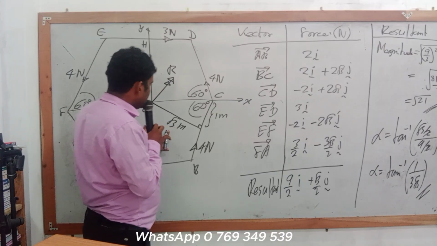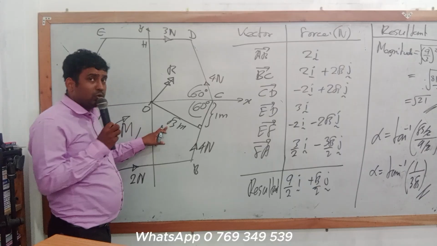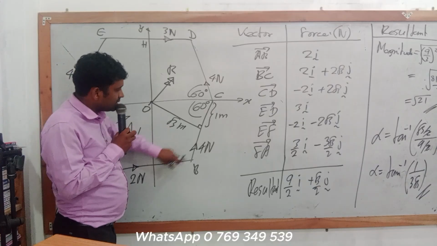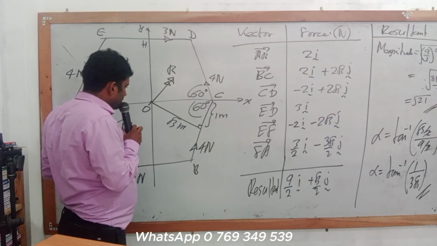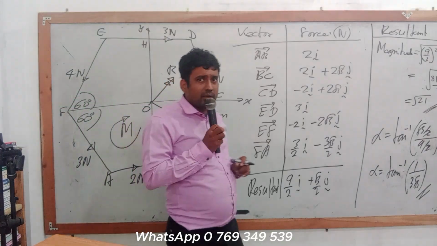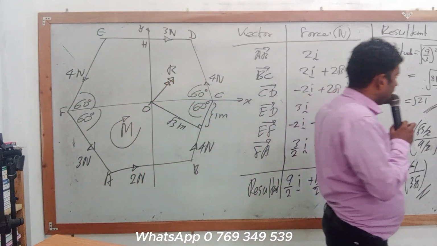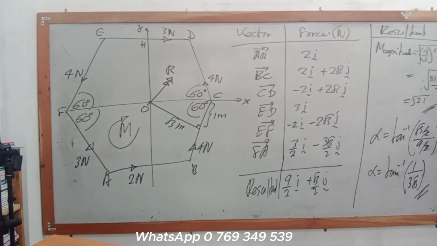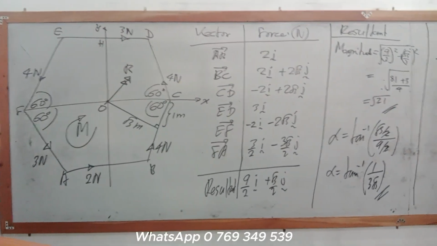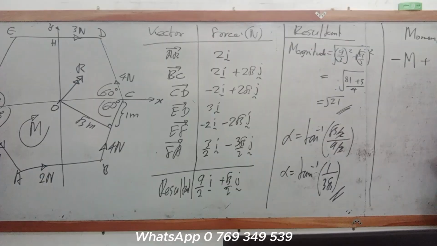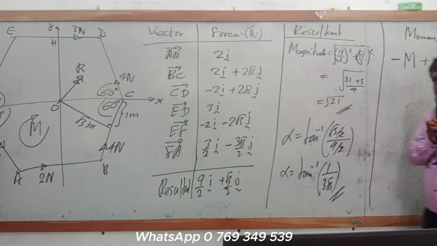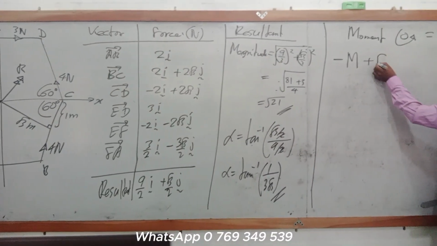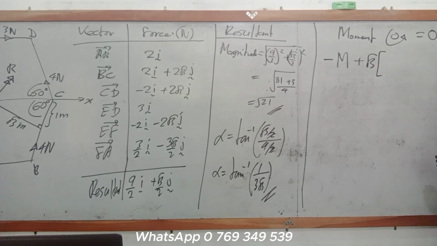Movement around O, we can use 2, 3 directly, and the others are this side. We have to take the algebraic sum, right? Okay. Now we are using root 3, root 3 here.